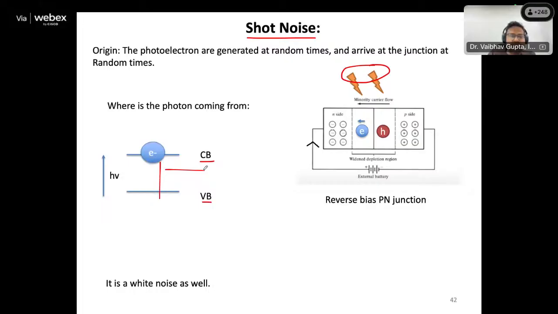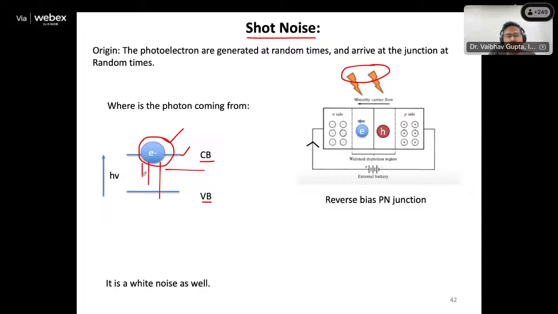So exactly at what time this electron is going to come down, that I don't know. That's a spontaneous decay process. So every band has its own lifetime. So in this conduction band, the electron can sit there maybe for 10 nanosecond or 10 picosecond. There is a lifetime. But within that picosecond, will it come down at 8 picosecond or 6 picosecond or 4 picosecond?